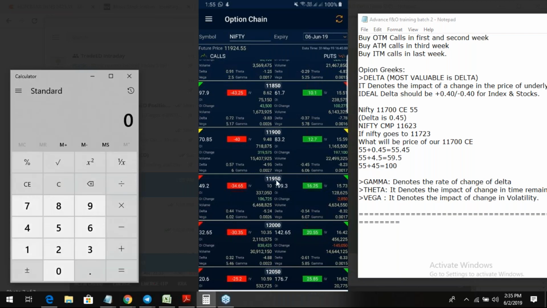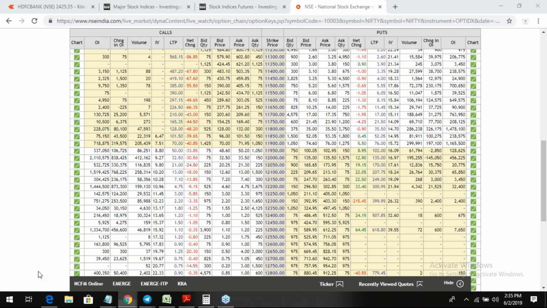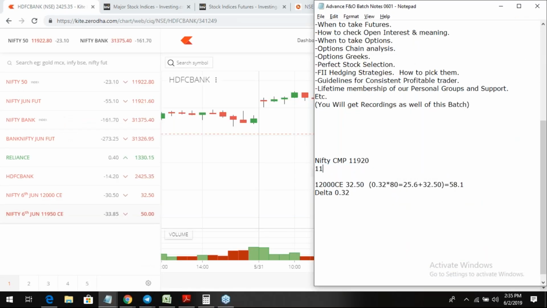Now, if you are buying the 11,950 call, what is the current market price of 11,950? 50 rupees and 32.50. Okay. Current rate is 9, and if Nifty goes to 11,940, example, only 20 rupees. Now see the difference.